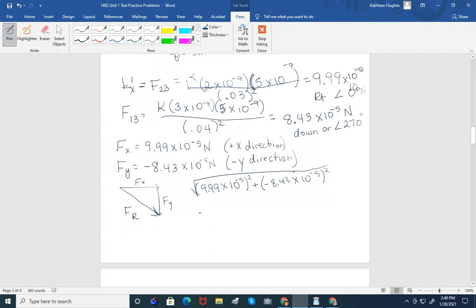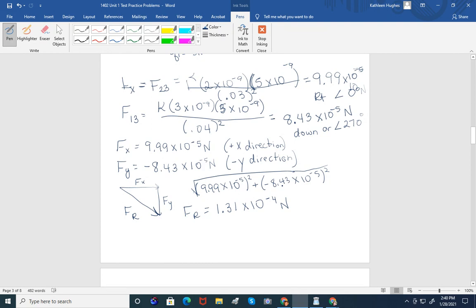You take the square root, and that resulting force has a magnitude of 1.31 times 10 to the negative 4 newtons.